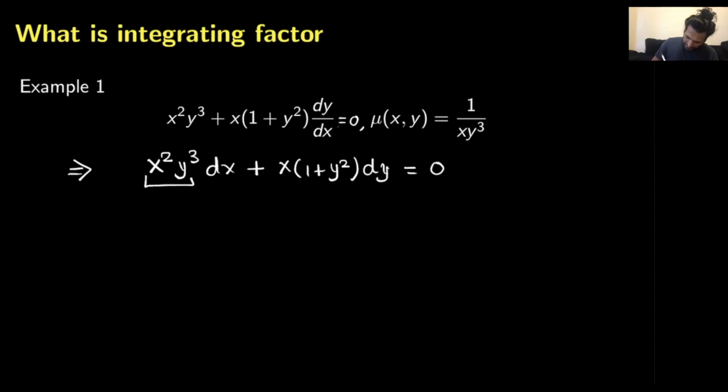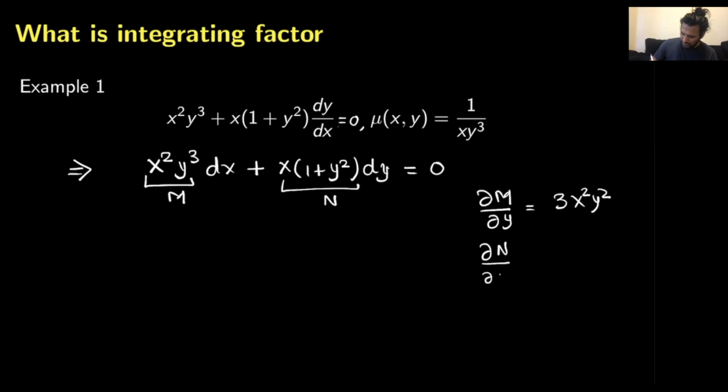Clearly in this case, this is our M and this is our N. If I calculate the partial derivative of M with respect to y, this will be 3x square y square, and the partial derivative of N with respect to x will be 1 plus y square. So these two partial derivatives are not equal, so this differential equation is not exact.